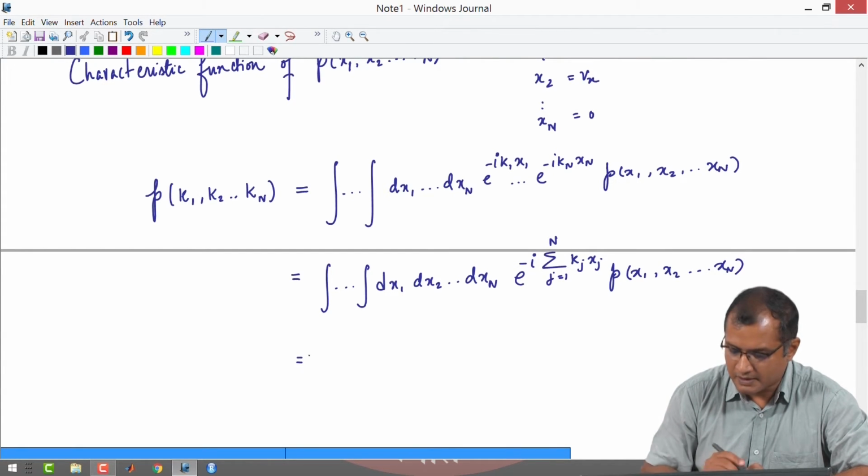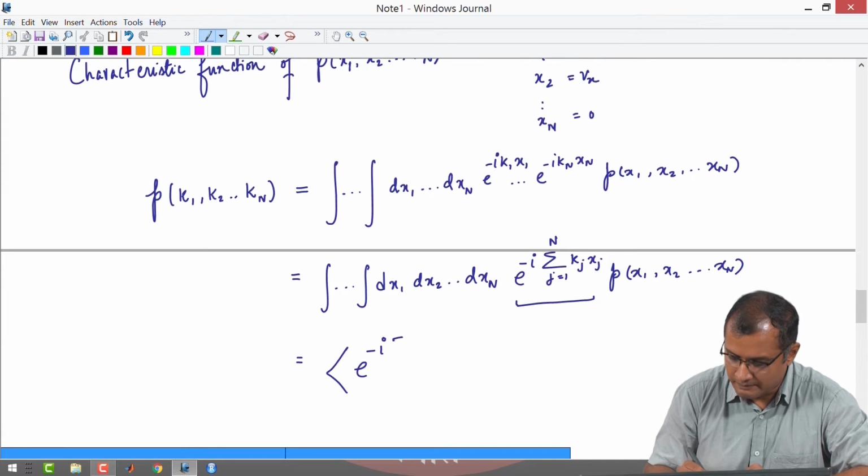And this is nothing but the expectation value of the function here, which is nothing but e to the power minus i summation j going from 1 to n kj xj.